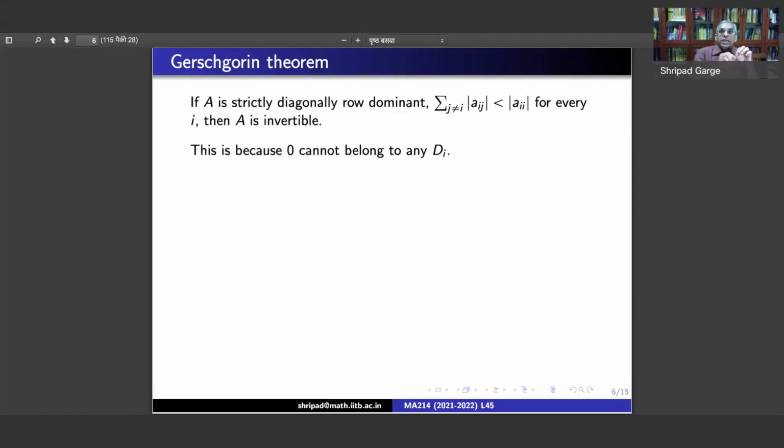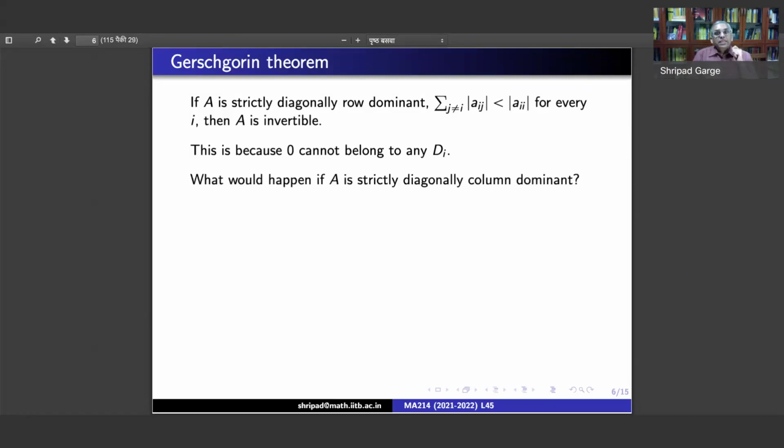If your diagonal entry may be 5 and the sum of all other entries may still give you 3, you will have a circle of radius 3 around 5, and that's not going to contain 0. So any such matrix is invertible. If you are just given that your matrix is strictly diagonally row dominant, and asked to prove that it is invertible, that would be a very difficult thing. But once you have Gershgorin's theorem, proving this is very easy.